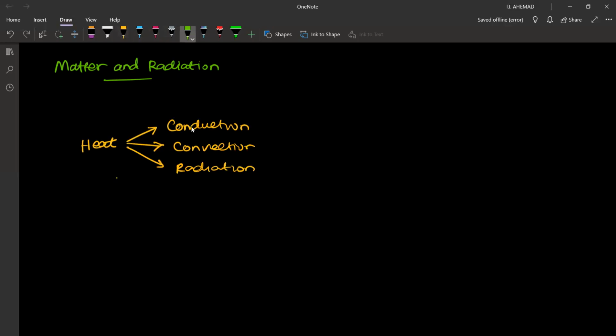So in the case of conduction and convection, we need a medium. A medium is necessary. But in the case of radiation, a medium is not necessary. We don't need a medium to transfer heat. Then how is heat transferred?